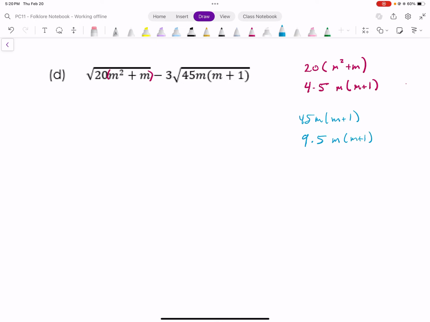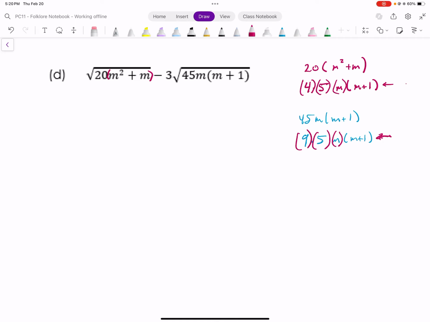Now, to avoid any confusion, maybe I'm going to rewrite this line and this line using a crazy amount of brackets. So this is really 4 times 5 times m, and the blue expression is 9 times 5 times m, and then m plus 1.